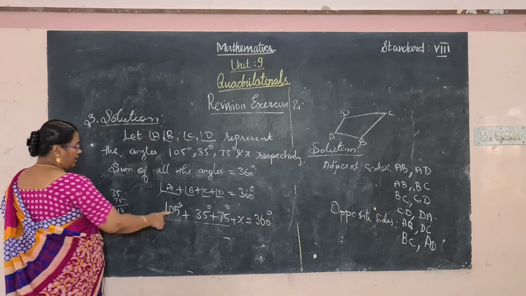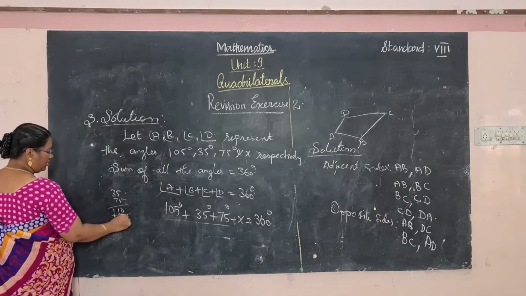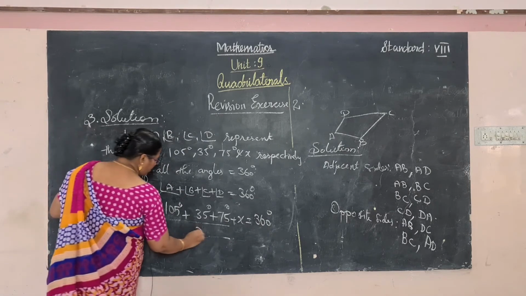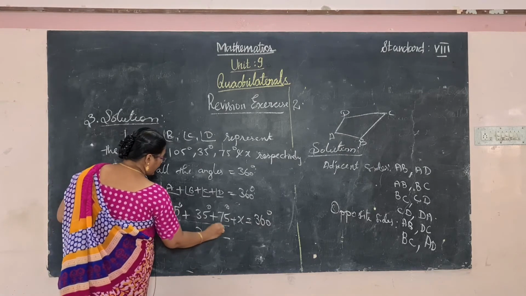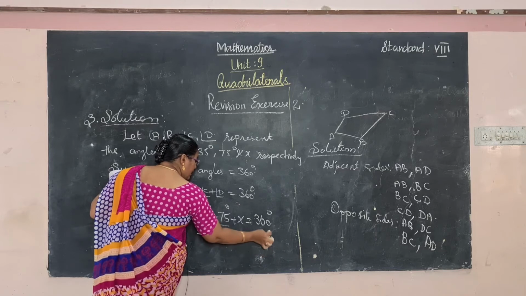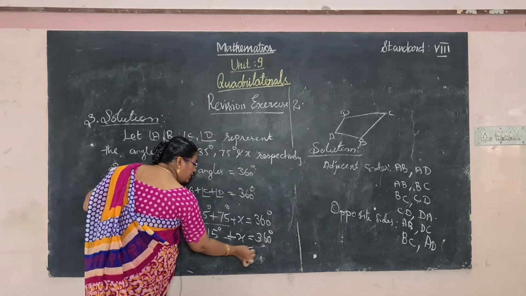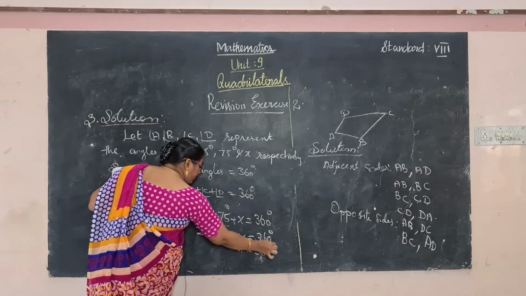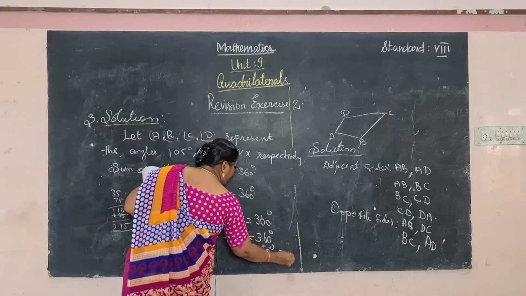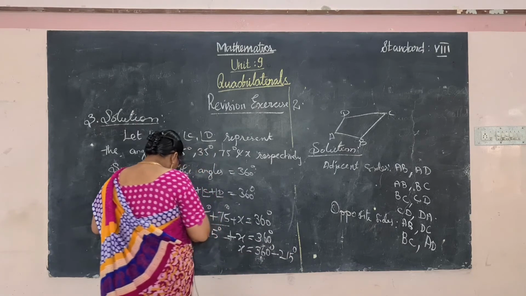Okay, and then here 105 is also there. So 215. So sum of three angles 215 plus X equal to 360 degree. So X equal to 360, 215 degree comes to this side minus 215 degree. Subtract, what do we get?